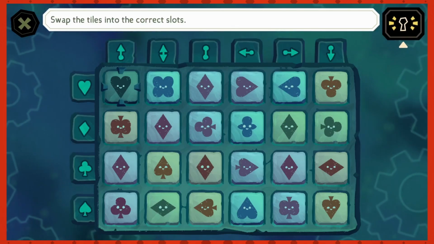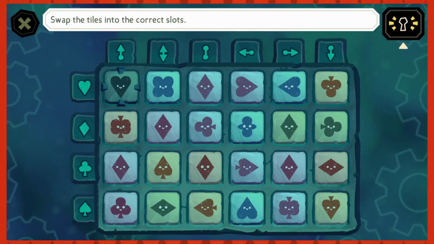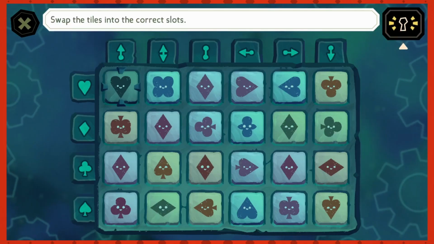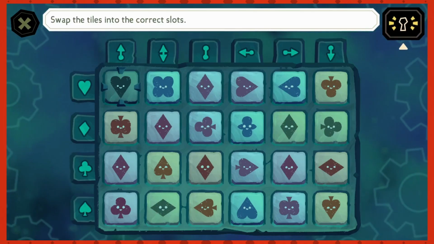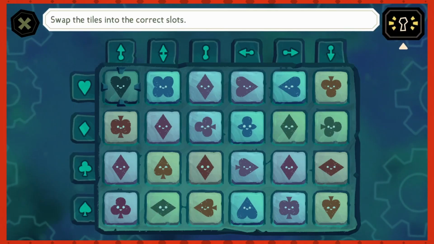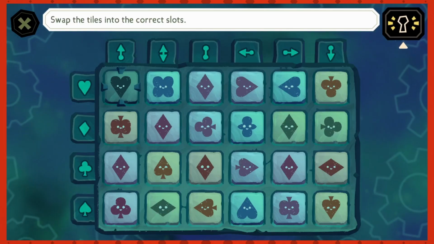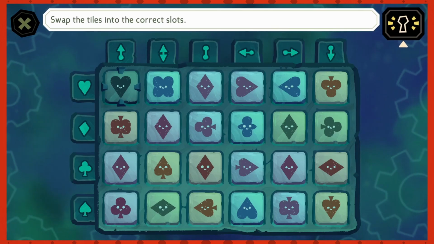Where is... See, the problem is, I don't see any that make sense for these. We have these. They're pointing the right ways. This isn't right.